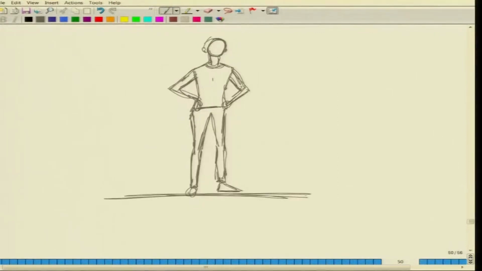And it is also placed on a ground which is stable. It will give us a sense of stability. This will look like a static form.